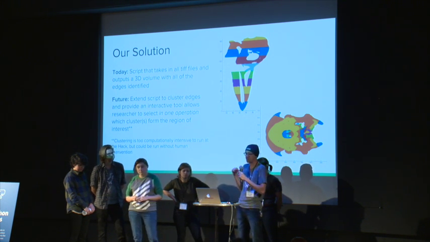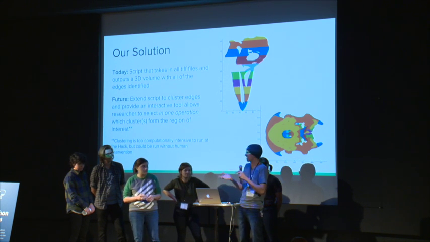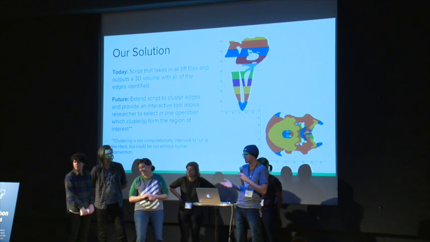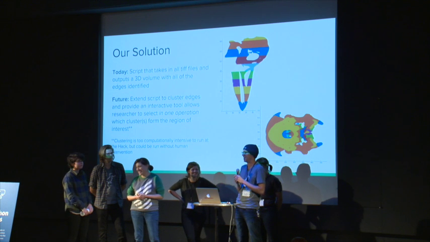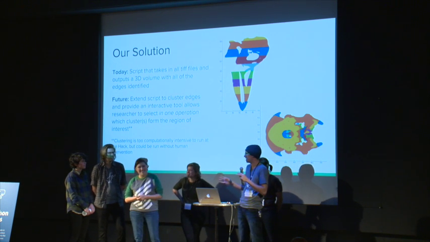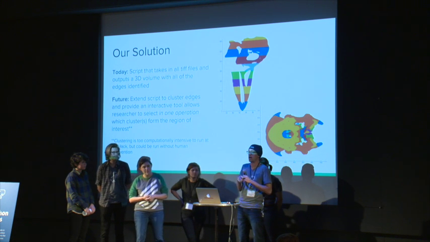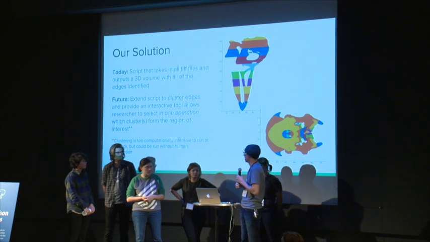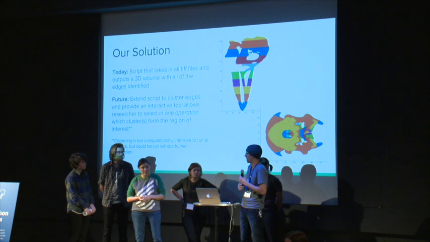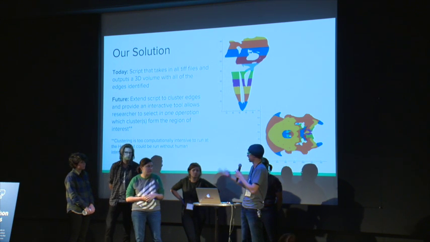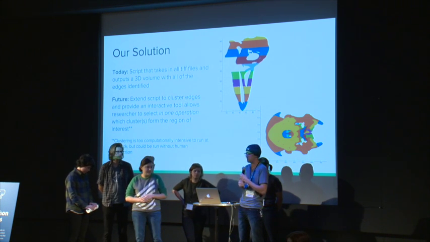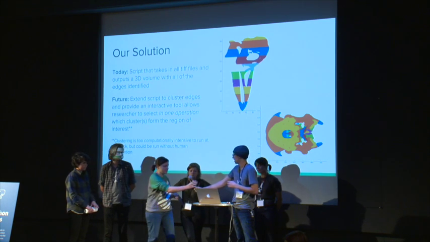That clustering process takes way too long. So the code exists, Aki, if you're interested in using it, but it doesn't run in 24 hours. But it doesn't use any human interaction. You just sort of plug and chug, and then you just click one time using some tools. And once you have all of these things, you can plug them into the tool that we also developed that we're going to talk about now.